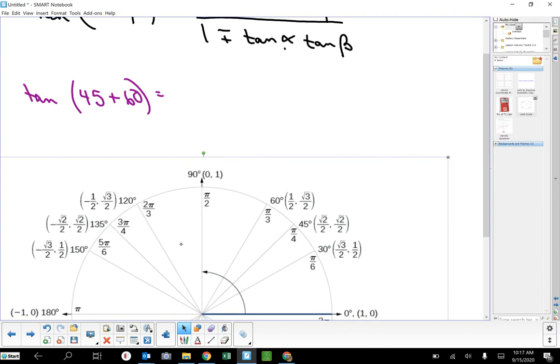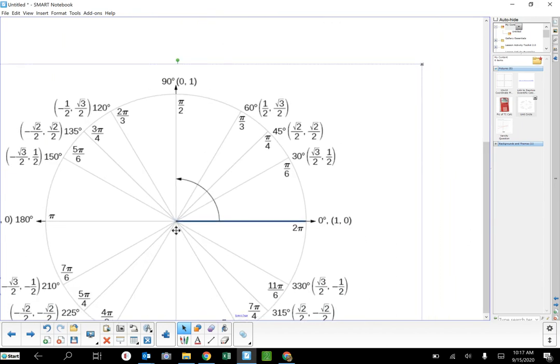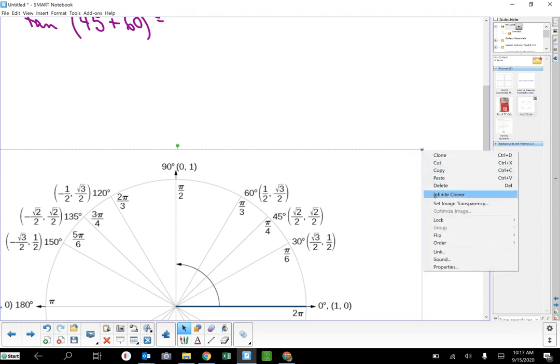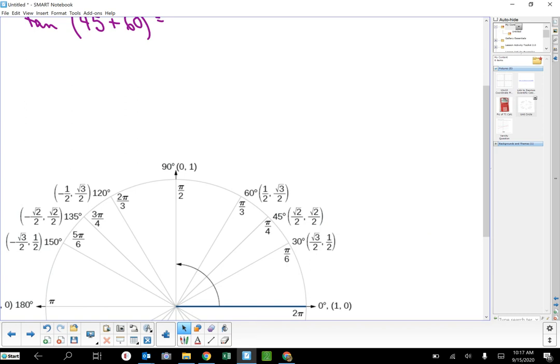Okay, so remember that we have a couple of things happening here. I'm going to just lock this into place so I can write on it. Okay, remember that tangent is sine over cosine, right? So tangent is sine over cosine. So if we need 45 and 60, we need this guy and this guy.